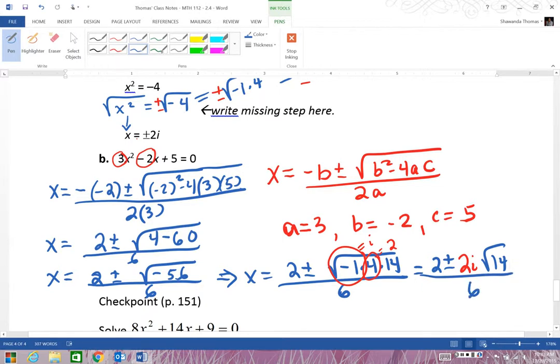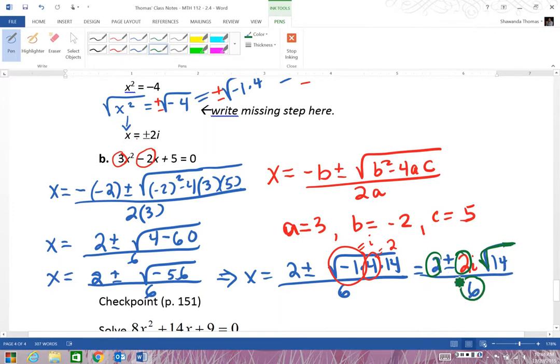Now, when all three numbers are divisible by a number, you need to simplify. All three of these numbers on the outside, of course. You can't touch that number under the radical. It's sort of like in jail. You can't get to it, okay? So, only the numbers on the outside.